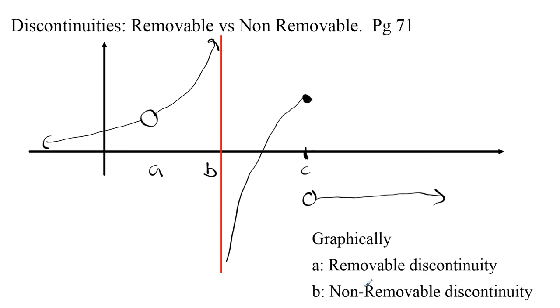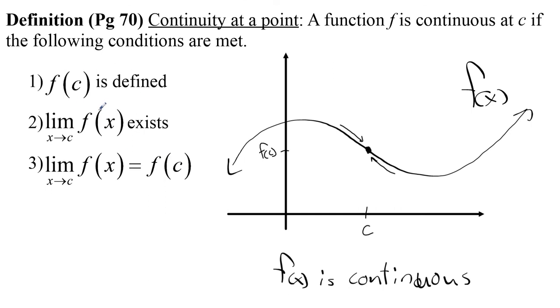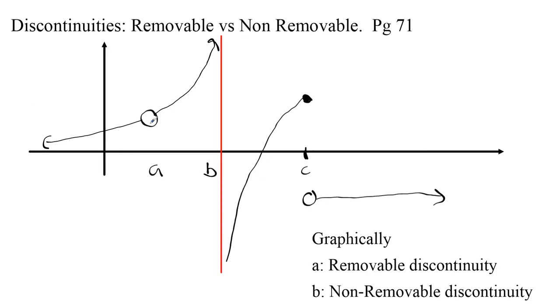A non-removable discontinuity is where you have more than one of these things not happening. Like the value at c is not defined, and the limit doesn't exist. Since this one has a limit that goes up, this one has a limit that goes down, the value of the function doesn't exist, and the limit wouldn't equal the function, so all three are missing.